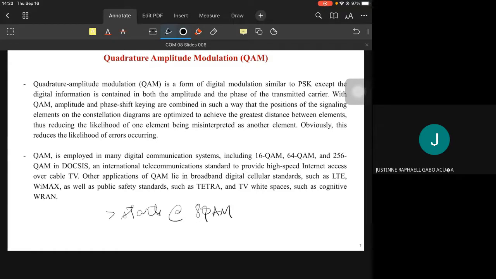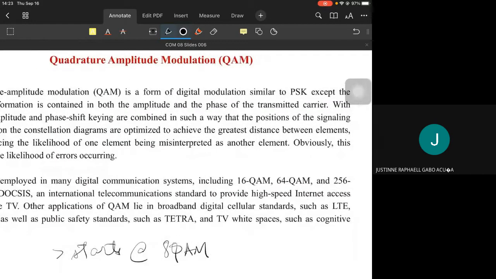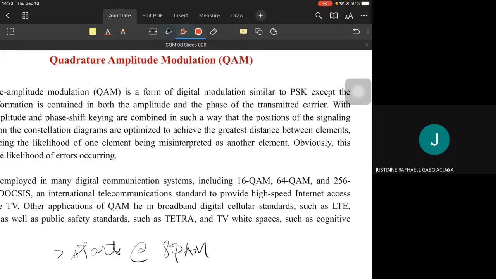With QAM, amplitude and phase shift keying are combined in such a way that the positions of the signaling elements on the constellation diagram are optimized to achieve the greatest distance between elements.